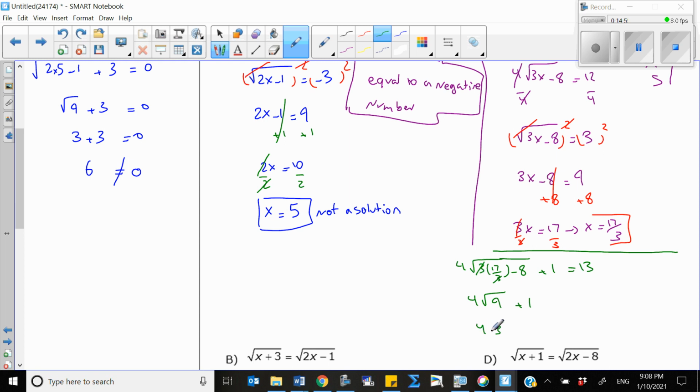So this is 4 times 3 plus 1, should be equal to 13. Let's see. 4 times 3 is 12, plus 1 is 13. So both sides are equal to 13. So that means this is a correct answer. It's a solution.